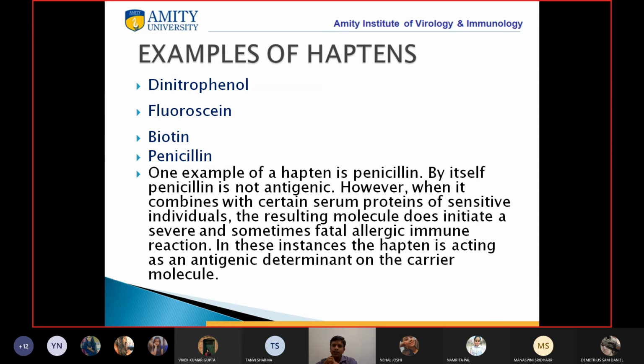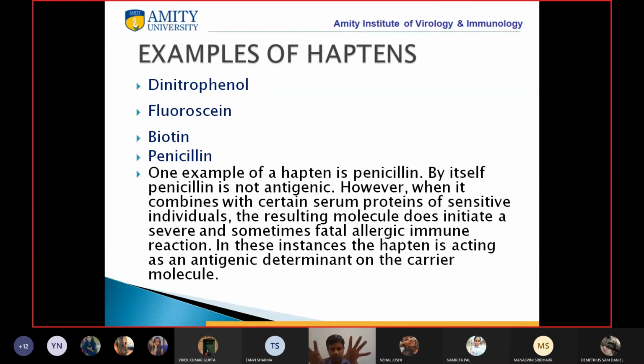So now antibodies will be formed against this carrier protein and against this penicillin, and this can lead to an allergic reaction. It's not the allergic reaction that we usually see, so it's not the type 1 allergic reaction.